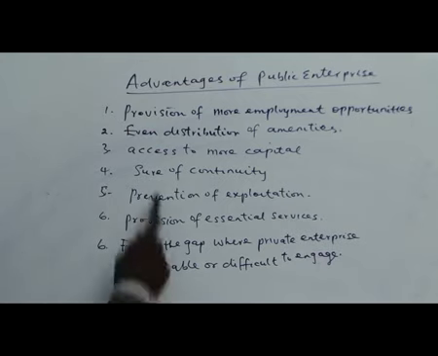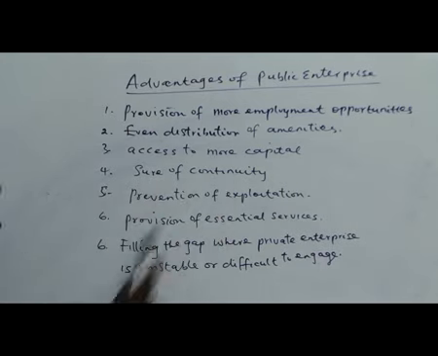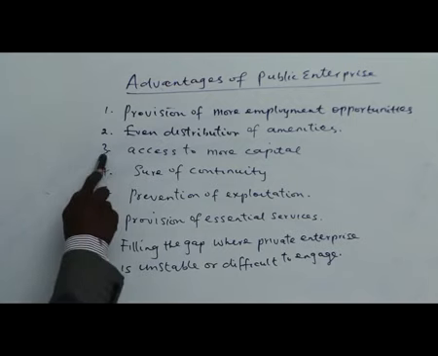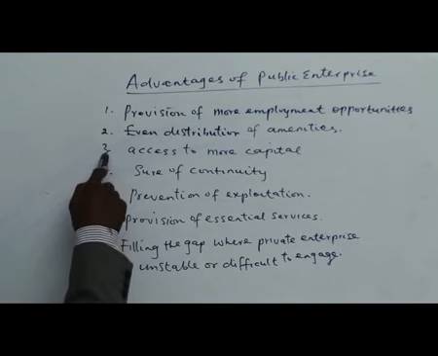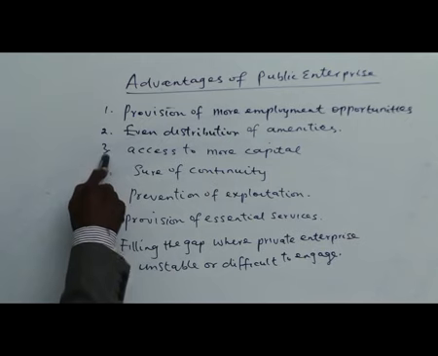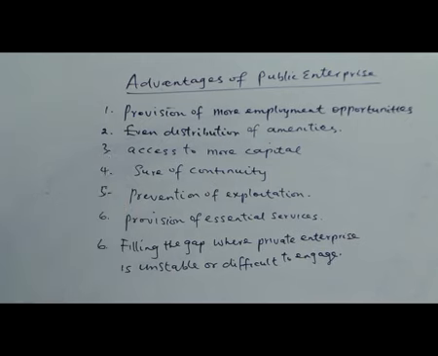Three, access to more capital. Government sees that allocating more funds will be easier when they are engaged in public enterprise, where private enterprises find it difficult to get more funds. But in public enterprise, there is full access to more capital.